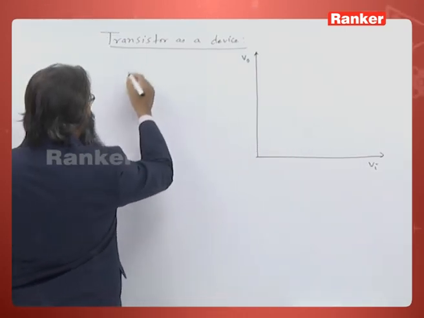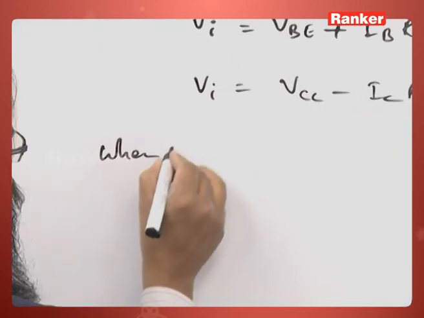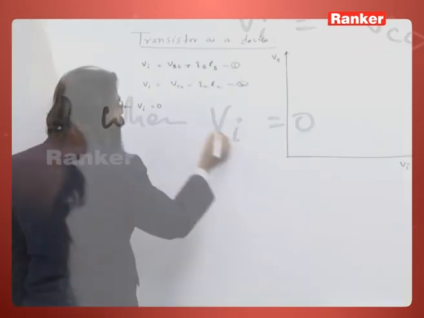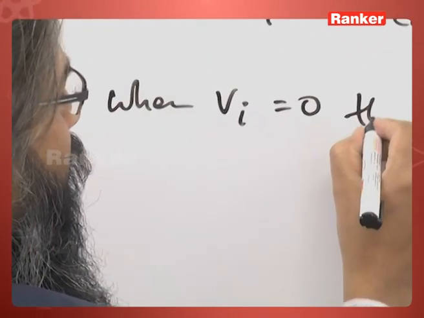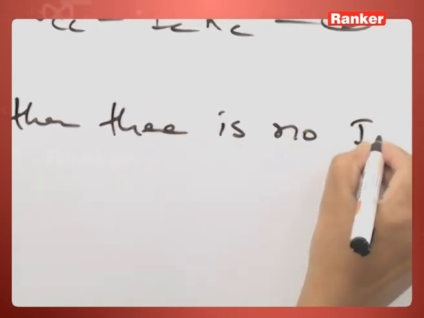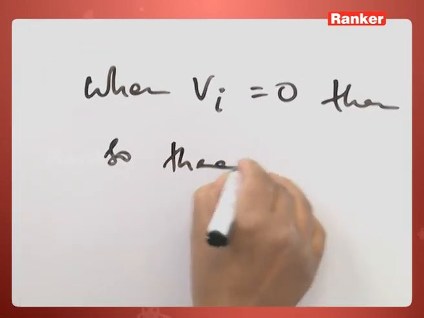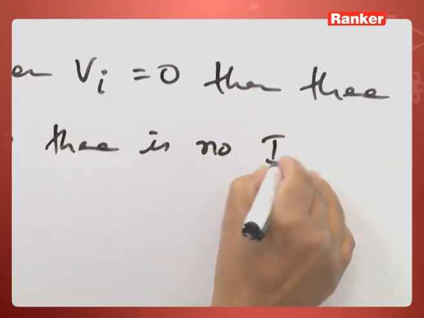Kirchhoff's law in the input circuit gives: when Vi is equal to 0, then there is no IB, and so there is no IC.